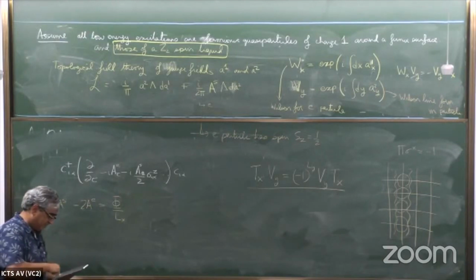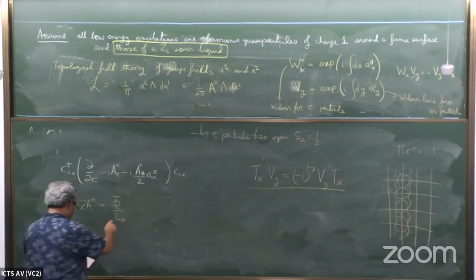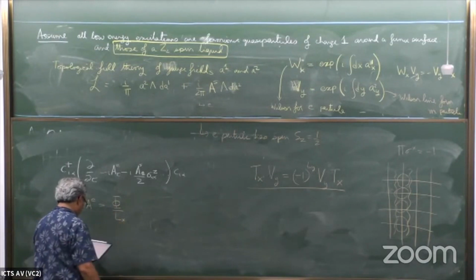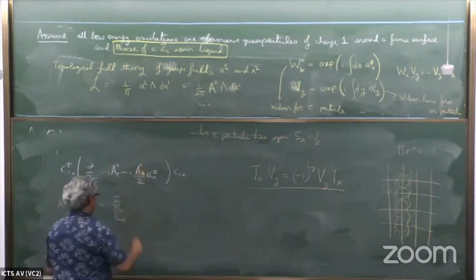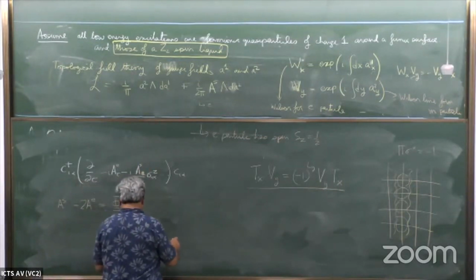So let me just finish this argument here. So now we have Ax, this is phi over Ax. So I'm just going to take that large term in real time.